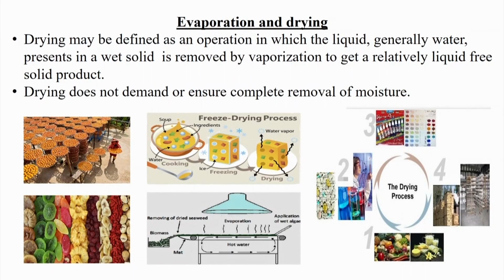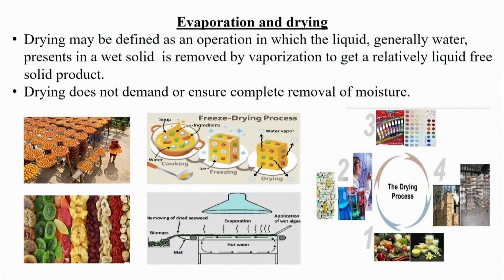So, we will start with this topic of evaporation and drying. As I said, evaporation is to some extent different from drying. In evaporation, we start with a liquid and end with a concentrated liquid. But in drying, in general, we can start with any moist solid, or anything which is rich in water, and it is converted into a relatively liquid free solid.